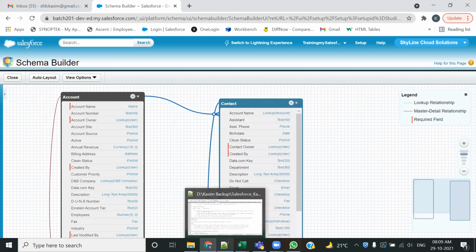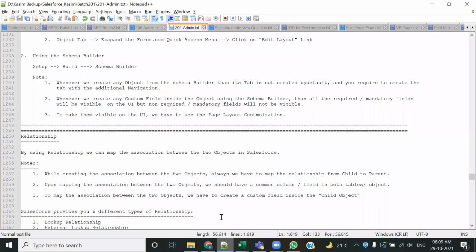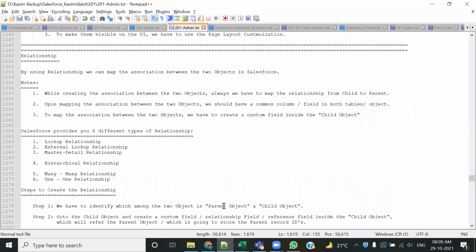See, in several cases, whenever we are working on the objects inside the CRM, we require to associate two or more objects, because certain operations are dependent between objects.